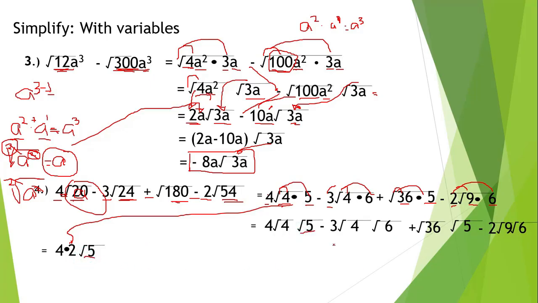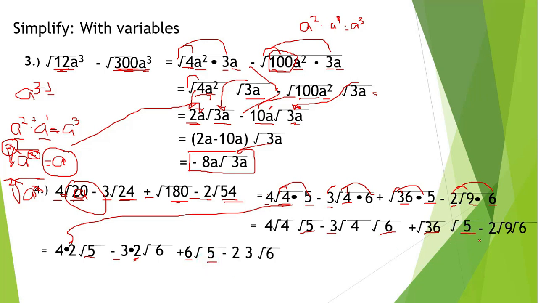Then bring down negative 3. Then the square root of 4 is 2. Then simply 3 times 2. Then bring down the square root of 6, since the square root of 6 is already in the simplest form, plus the square root of 36 is 6. Then bring down the square root of 5.